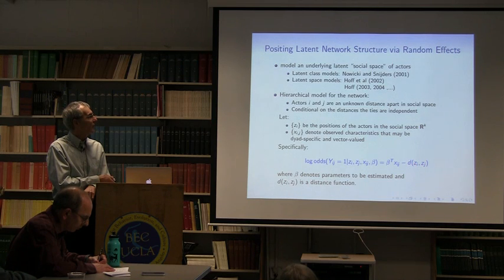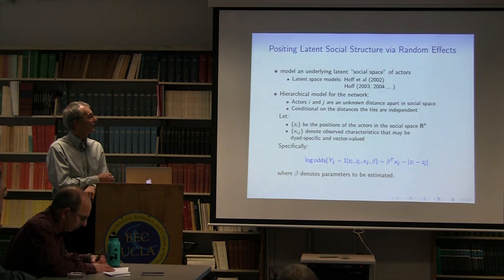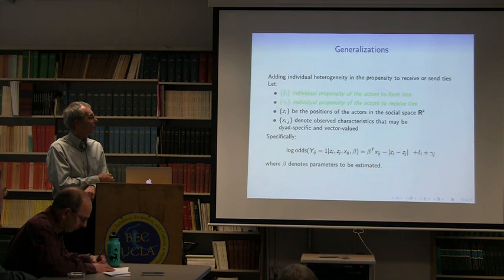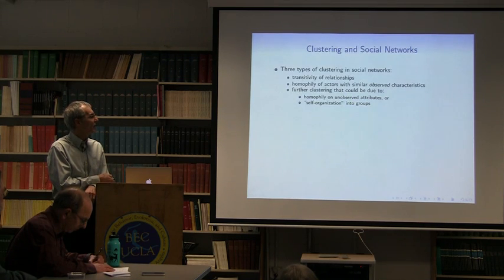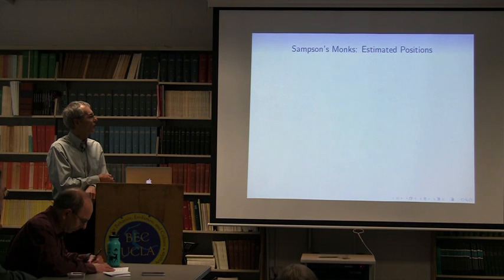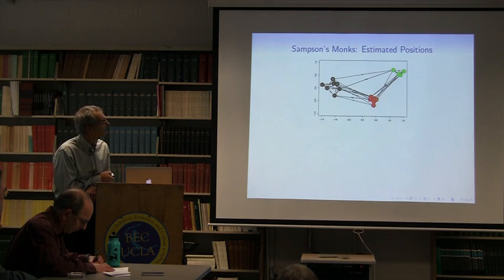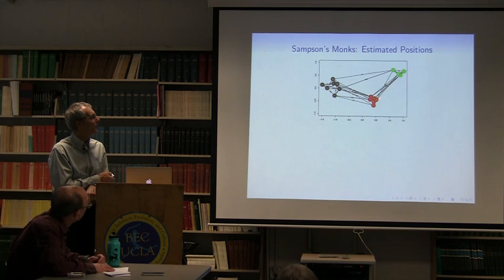So there's a lot of work done on that, a lot of very good ideas by Peter Hoff and others working on these, and our latent class model, which I won't describe, by Nowicki and Snijders. This model can be generalized in certain ways, and we've used it to look at clusterings, and here are the actual clusterings for the monks data I looked at before.